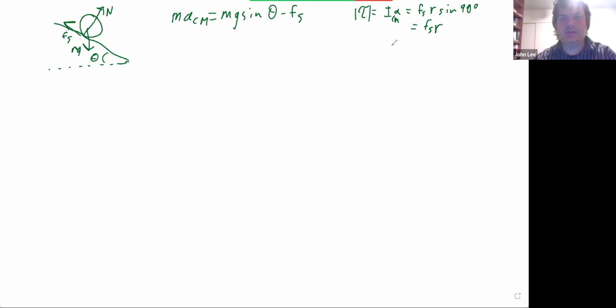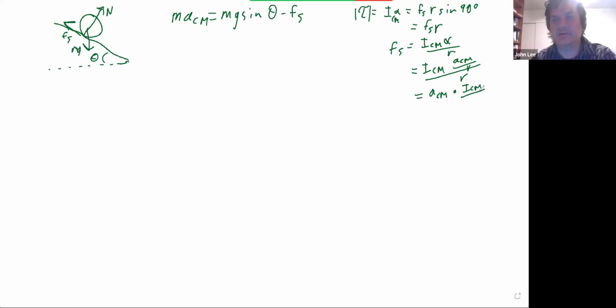So Fs is equal to I center of mass alpha divided by R, which is equal to I center of mass A center of mass divided by R squared, or A center of mass divided by R divided by R. So this is going to be A center of mass times I center of mass, the moment of inertia, divided by R squared.